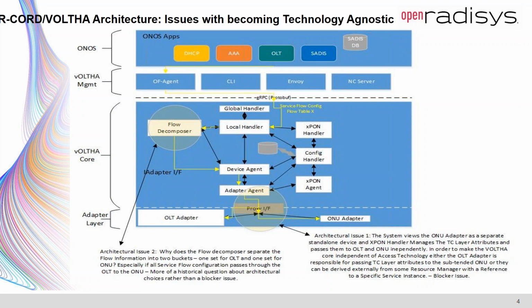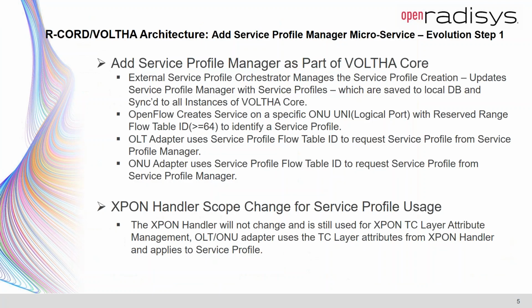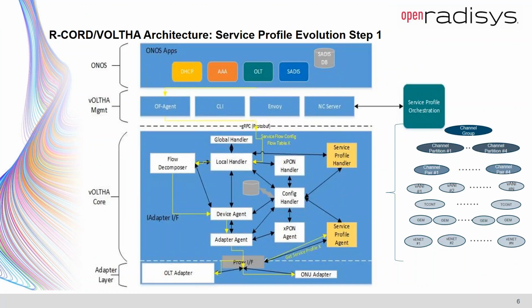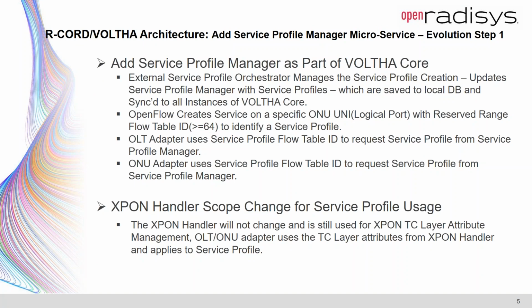What are the issues with trying to do that? The initial blocker is that the ONU and the OLT are managed independently, so something needs to tie them together as far as the TC layer parameters. Right, and currently that's the XPON handler. I think these are issues we probably need to discuss in the lockdown meeting in more detail.